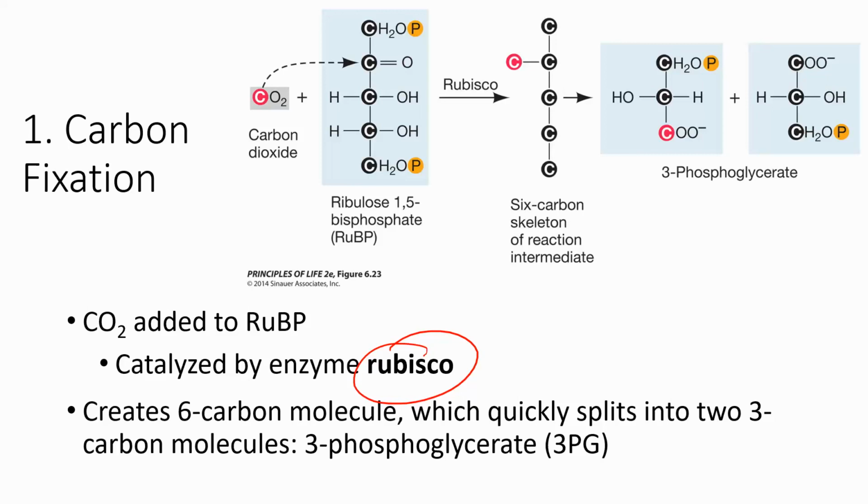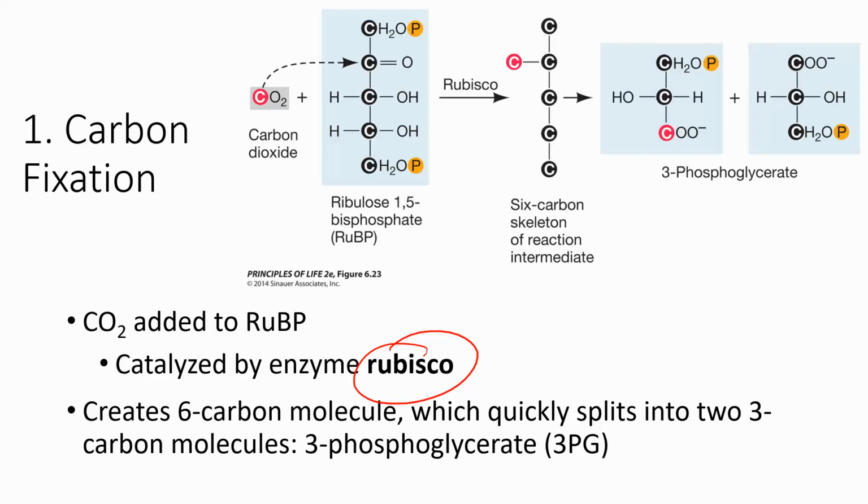It performs carbon fixation. It adds in a carbon. Rubisco is actually an acronym. That's why the name doesn't end in ACE. It's ribulose bisphosphate carboxylase/oxygenase, which is quite a mouthful, so they shortened it to Rubisco.